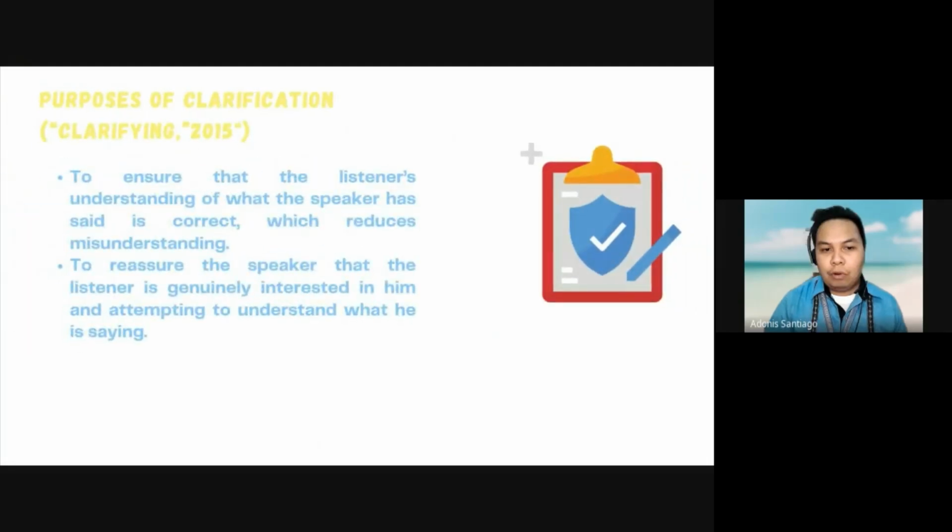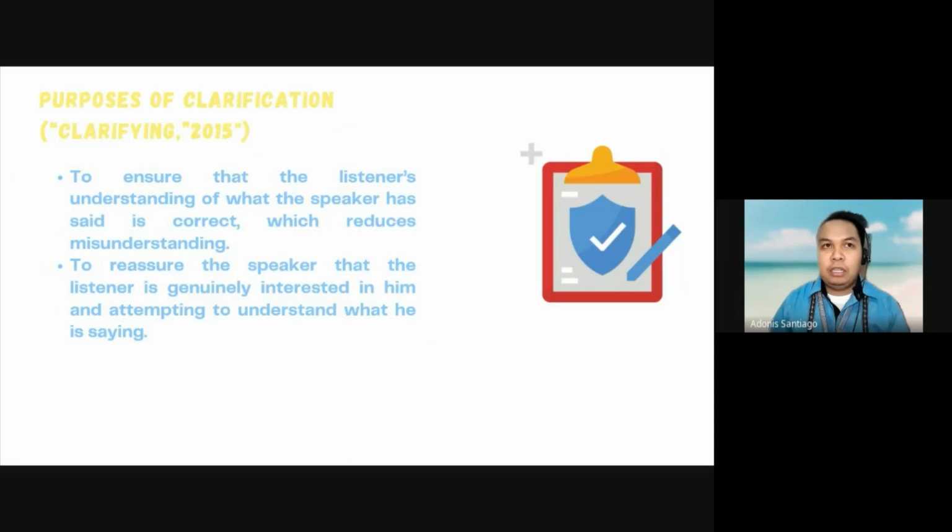Moving forward, these are the purposes of clarification. It is for us to ensure that the listener's understanding of what the speaker has said is correct, which reduces misunderstanding, just what I had said a while ago. This is also a way for us to reassure the speaker that the listener is genuinely interested in him and attempting to understand what he is saying.